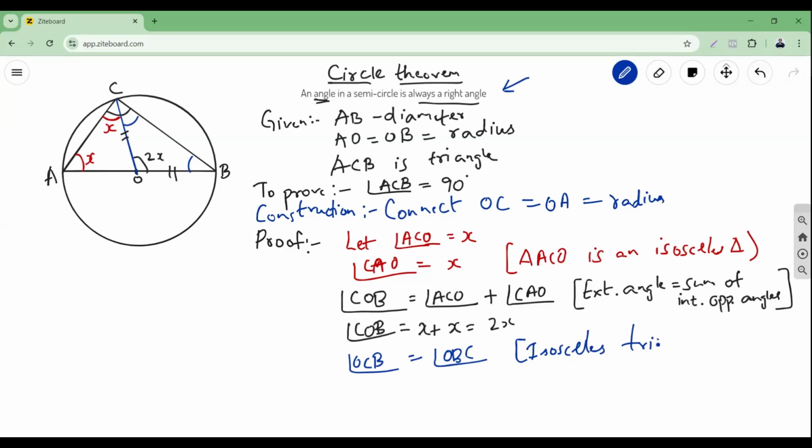What am I doing here? We are only using the isosceles triangle, and now next we are going to use the angle sum property.